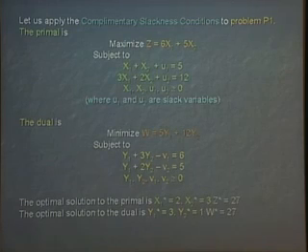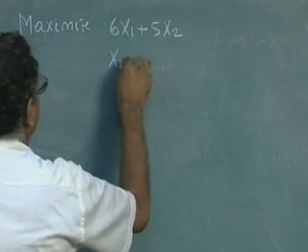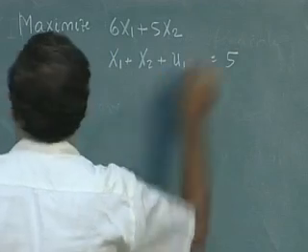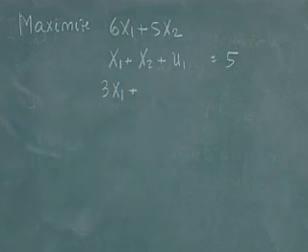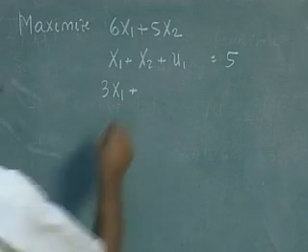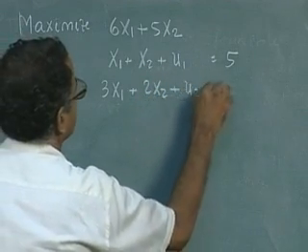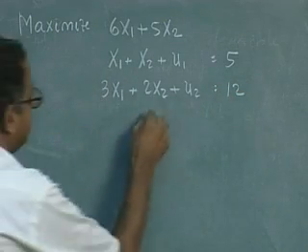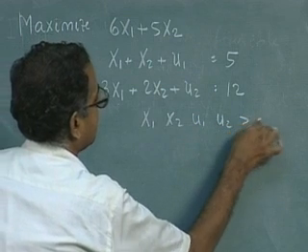Maximize 6x1 plus 5x2 subject to x1 plus x2 plus u1 equal to 5. Remember, the slack x3 has now become u1, and 3x1 plus 2x2 plus u2 equal to 12, slack x4 has become u2, x1, x2, u1, u2 greater than or equal to 0.